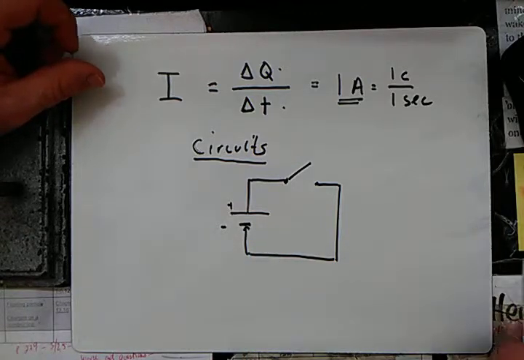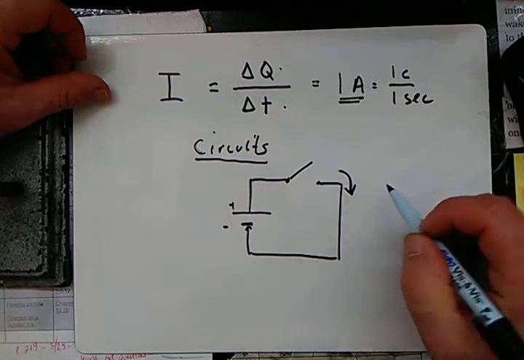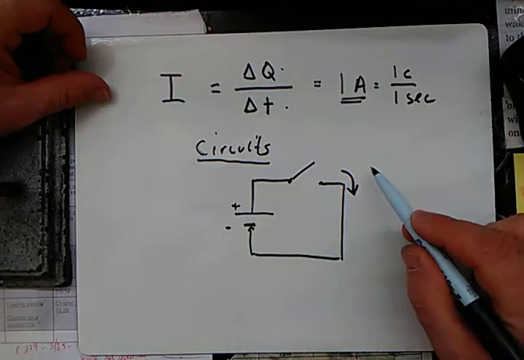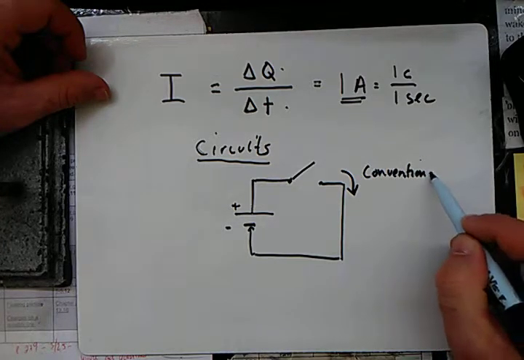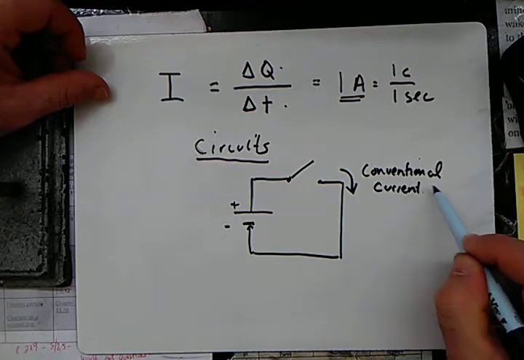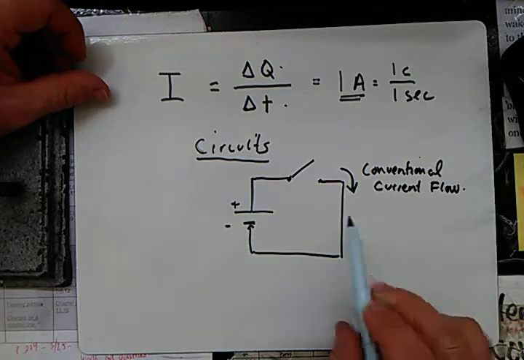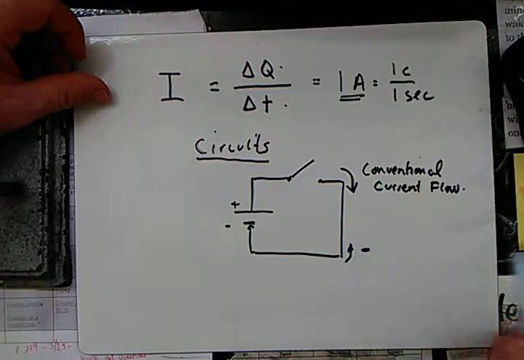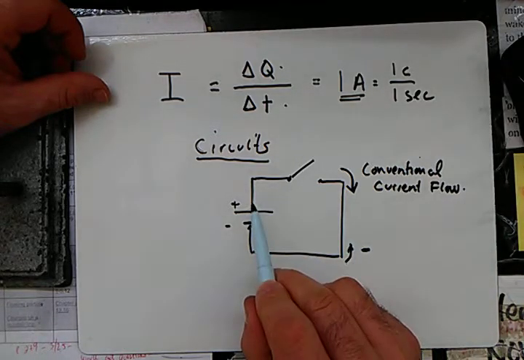We call this direction, from the positive to the negative, conventional current. The actual electron flow goes the other way. So the electrons actually flow this way.